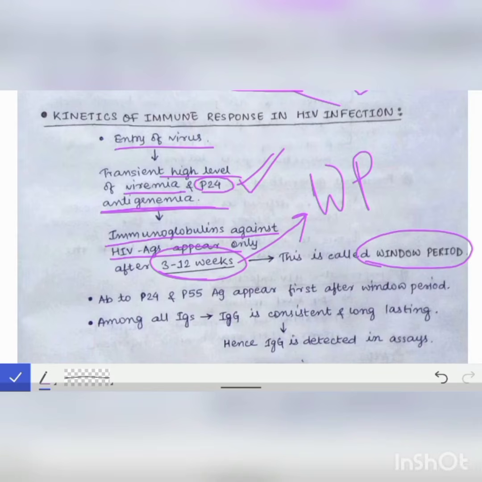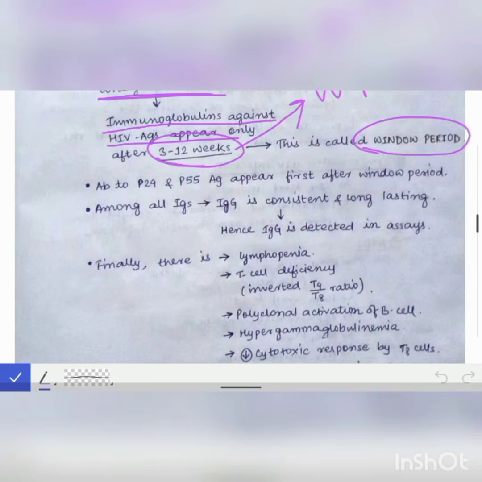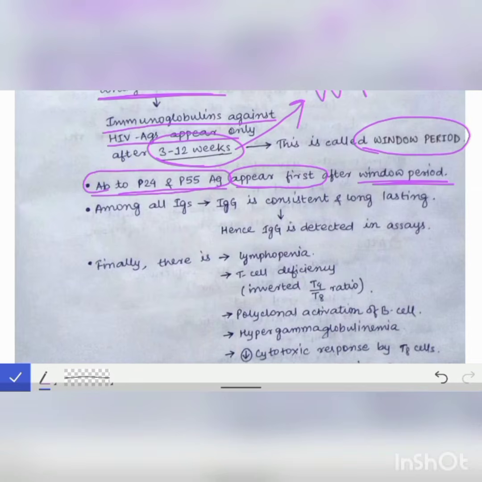Now coming to the next point, antibodies to P24 and P55 antigens are the first to appear after the window period. So after the window period, the antibodies which appear first are the antibodies against the P24 and P55 antigens.